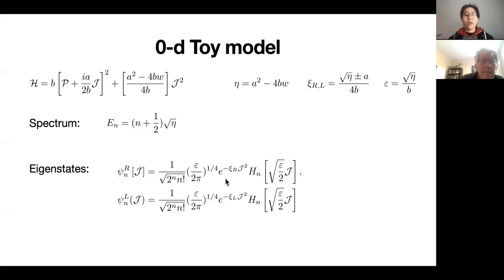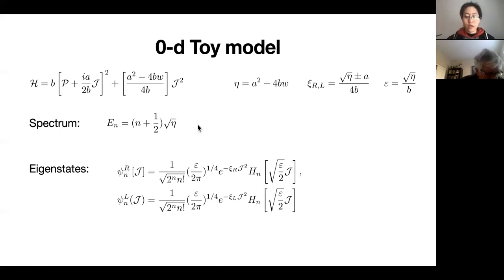We can get any eigenstate because the bulk theory is free. And in terms of these new variables, eta, c, epsilon, we can write the eigenstate in a very usual form. But notice the right eigenstates are different from the left eigenstates because our Hamiltonian is non-Hermitian.